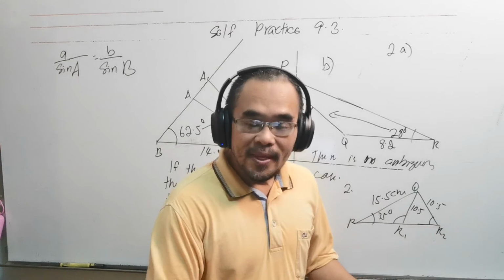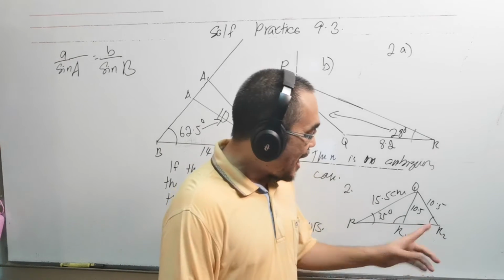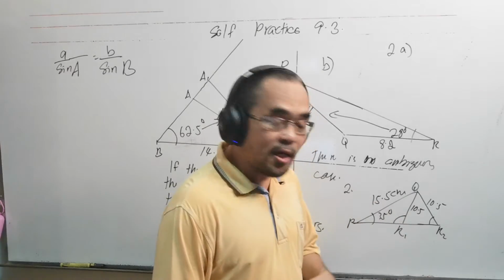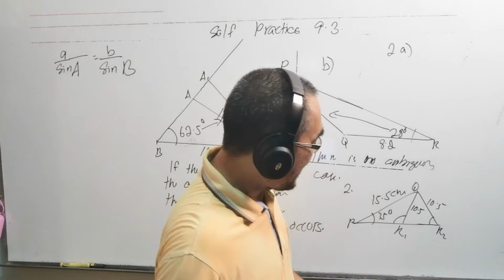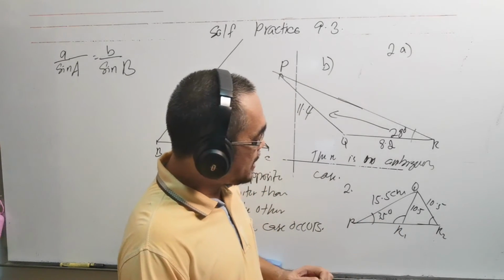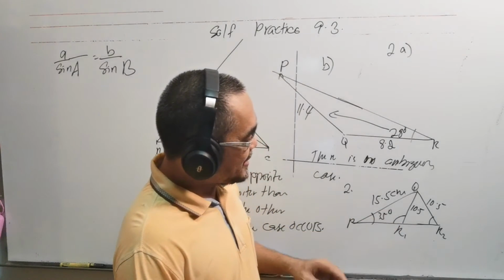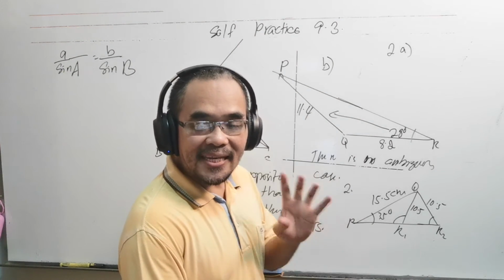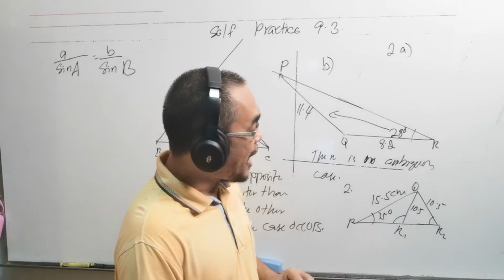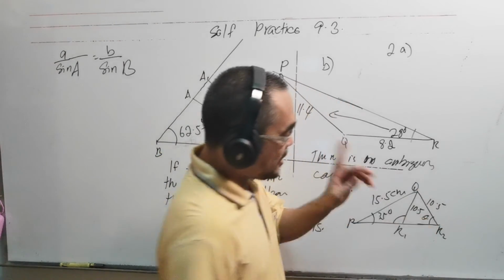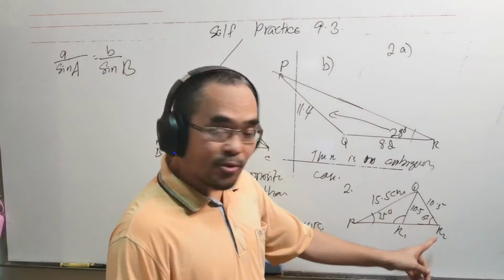If you draw, and then you take protractor, and then measure, and then you add the two, the two angles will total 180. So you are going to get an angle that is less than 90. That is what we call acute angle. Okay, the theta will be acute angle. So the acute angle is the one outside.